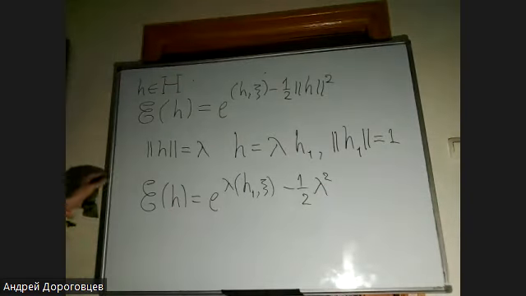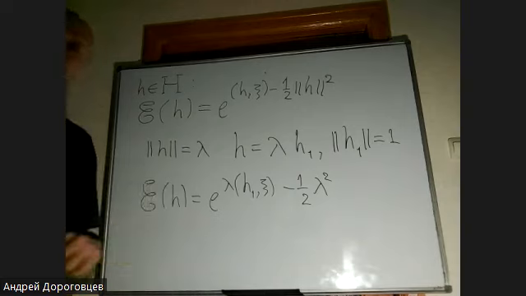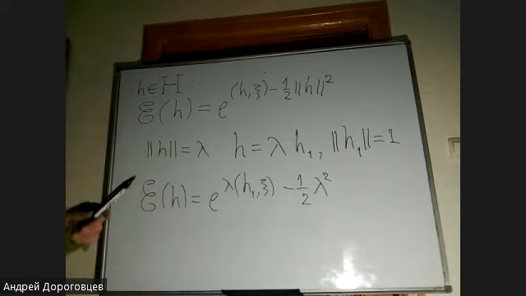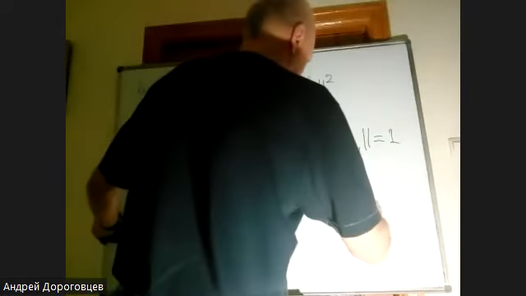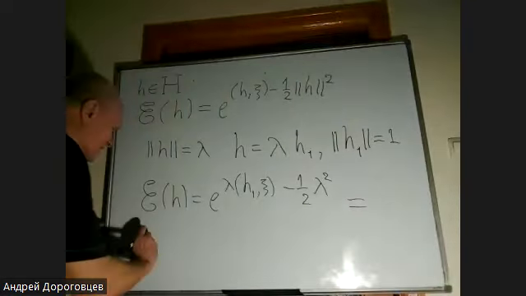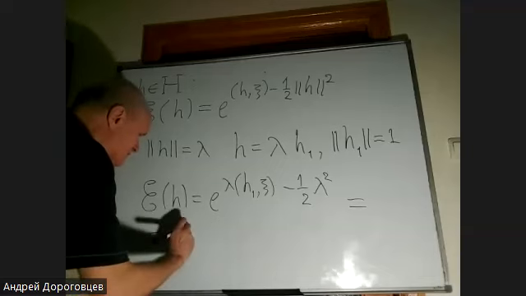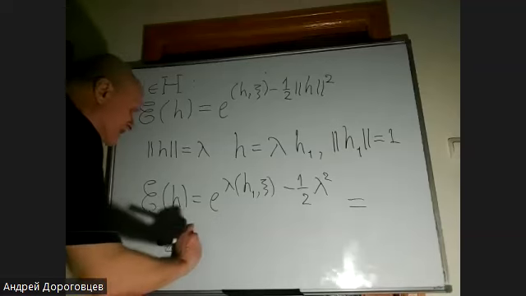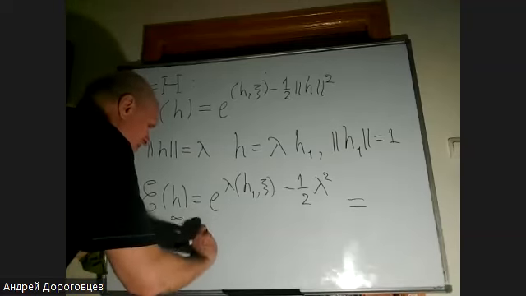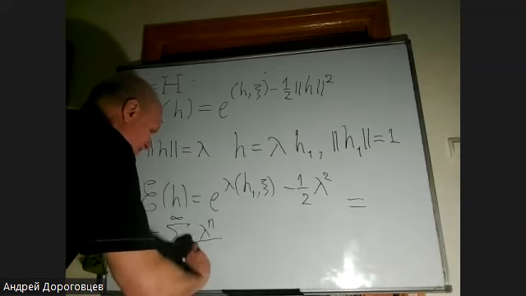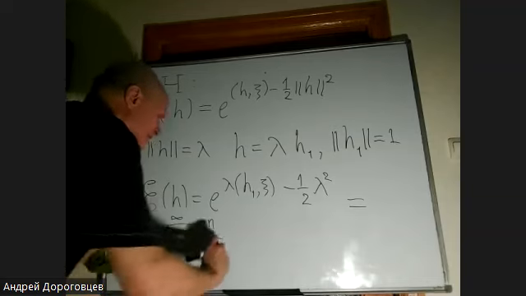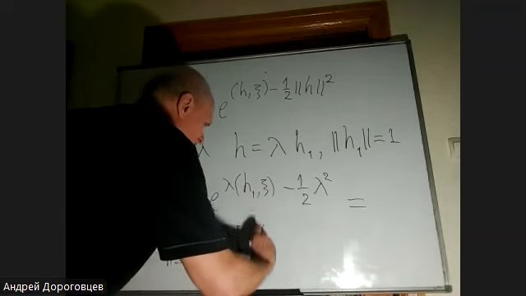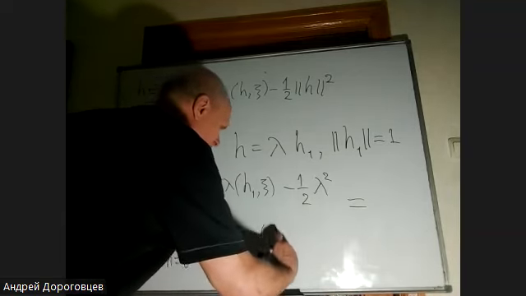And now you recognize the generating function of Hermite polynomials. So I can say it's equal to the sum from n equals 0 to infinity of lambda to the power n, divided by n factorial, times the Hermite polynomial of degree n from h1 xi.